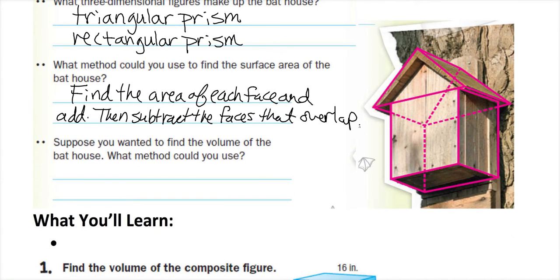Okay, so suppose you want to find the volume of the bat house. What method could you use? We're just going to add the two volumes together.